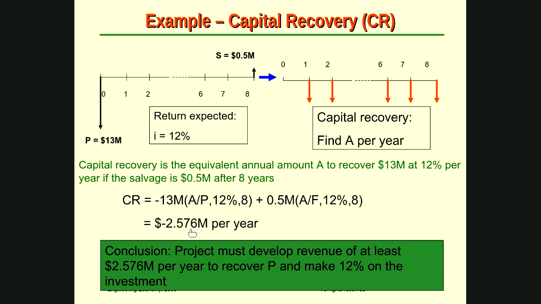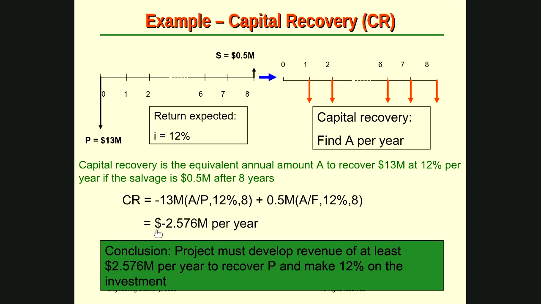Umar is asking why the value is minus. Okay, because you are considering the first cost as a minus, and we don't know what revenue you are going to make. So it is going to be with a minus at the end. But when you apply it to real life, imagine you paid 13 million.